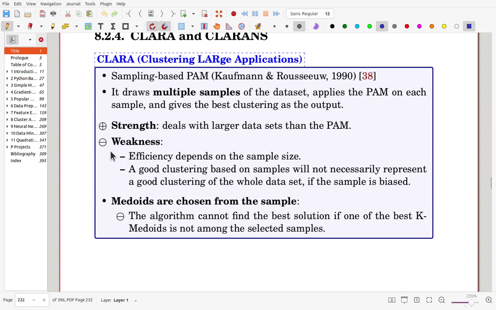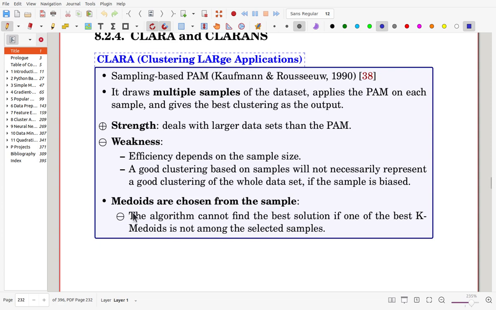Okay, here the weakness is that efficiency depends on the sample size. If you choose a large sample size, then efficiency is not so much improved. And a good clustering based on samples will not necessarily represent a good clustering of the whole data set. That's really true.